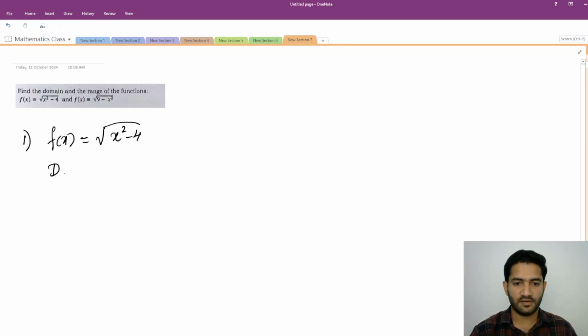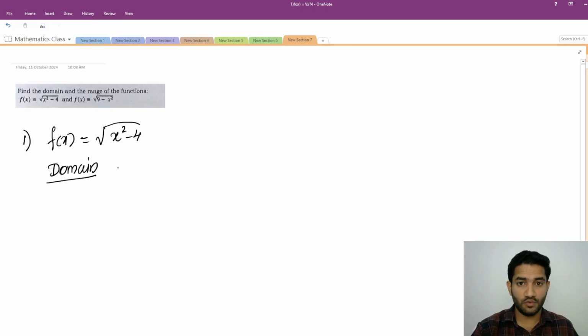First of all, we can find the domain. How can we find the domain? Domain means values of x. So here, f of x is equal to the square root of x square minus 4. It's a real function, real valued function. So all values will be real numbers. It's not complex.